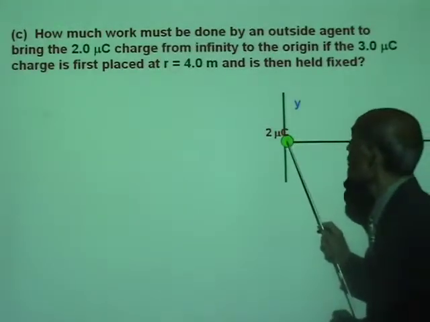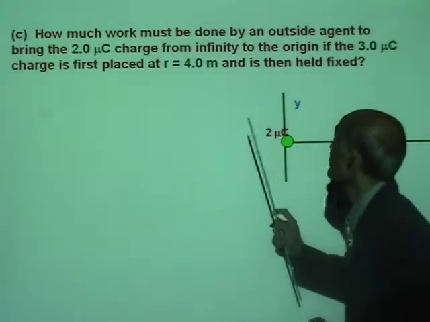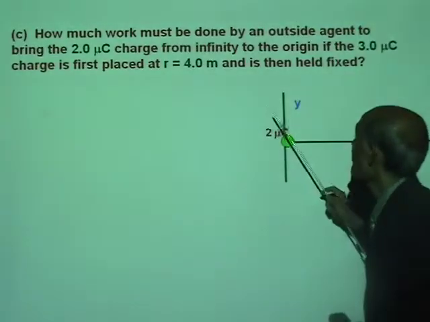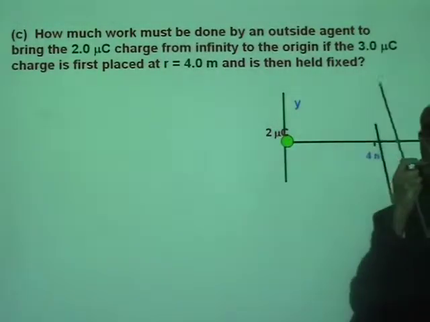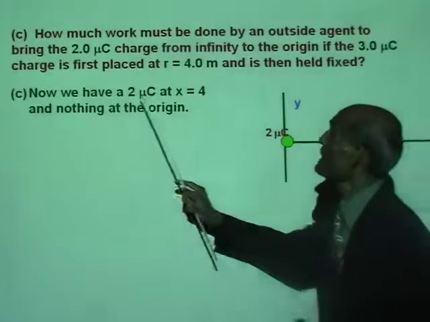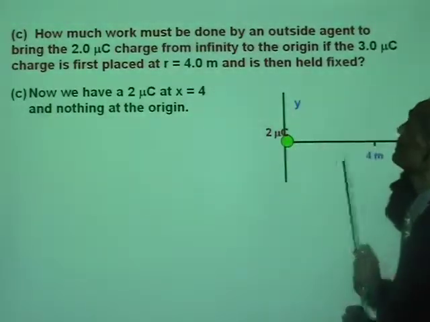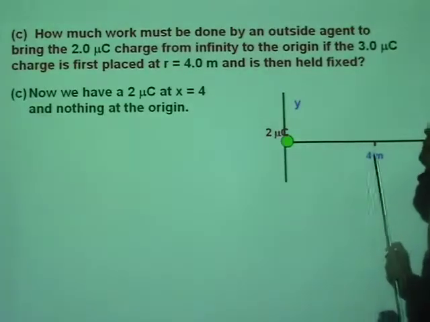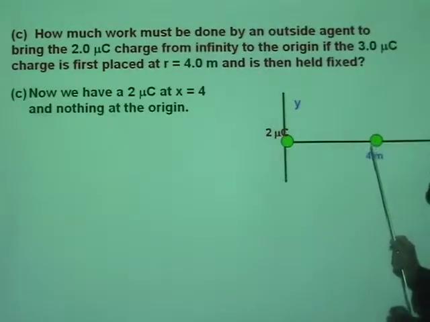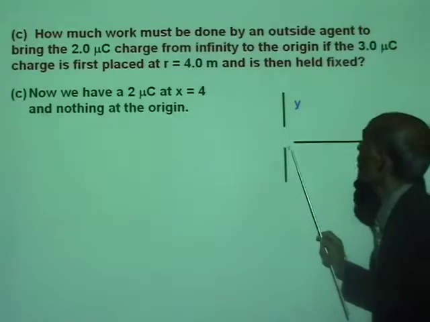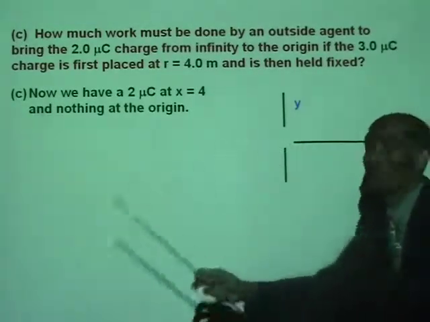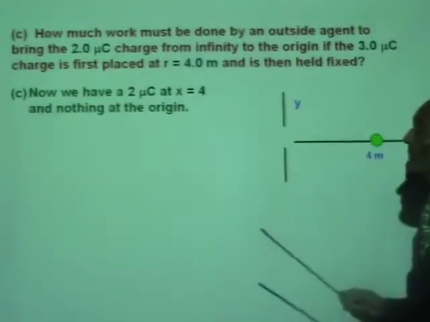Then how much work needs to be done to bring that 2 microcoulomb from infinity to that point? That's the question. Now we have a 2 microcoulomb at x equal to 4, and the original 2 microcoulomb is not there anymore.